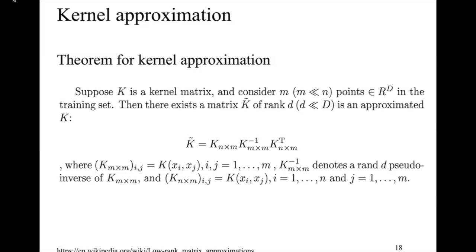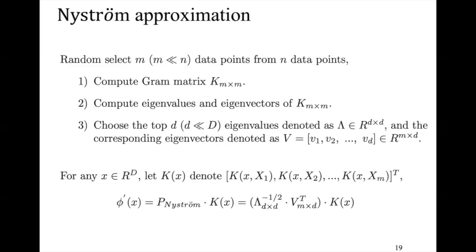So the original kernel matrix actually can be approximated with a K2. In detail, the first method is to use Nystrom's approximation. First, we randomly select m data points from the n data points, and then we compute the gram matrix.